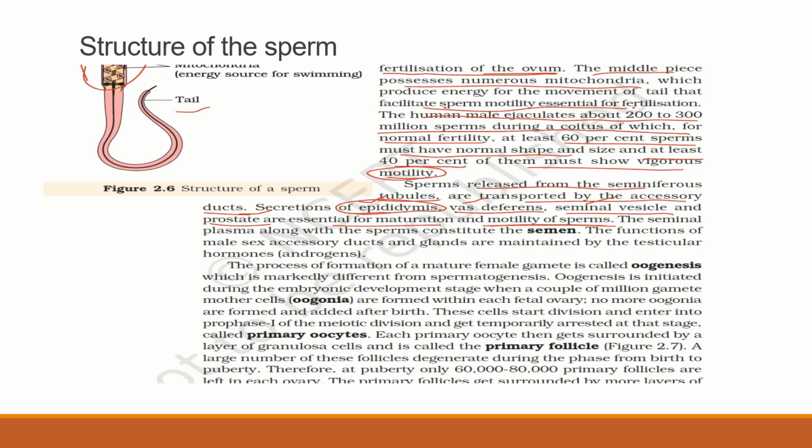I'll be putting the link above in the I box as well as in the description box below. The seminal plasma along with the sperms constitutes the semen, and the functions of the male sex accessory ducts and glands are maintained by the testicular hormones. So this is all about gametogenesis in male.